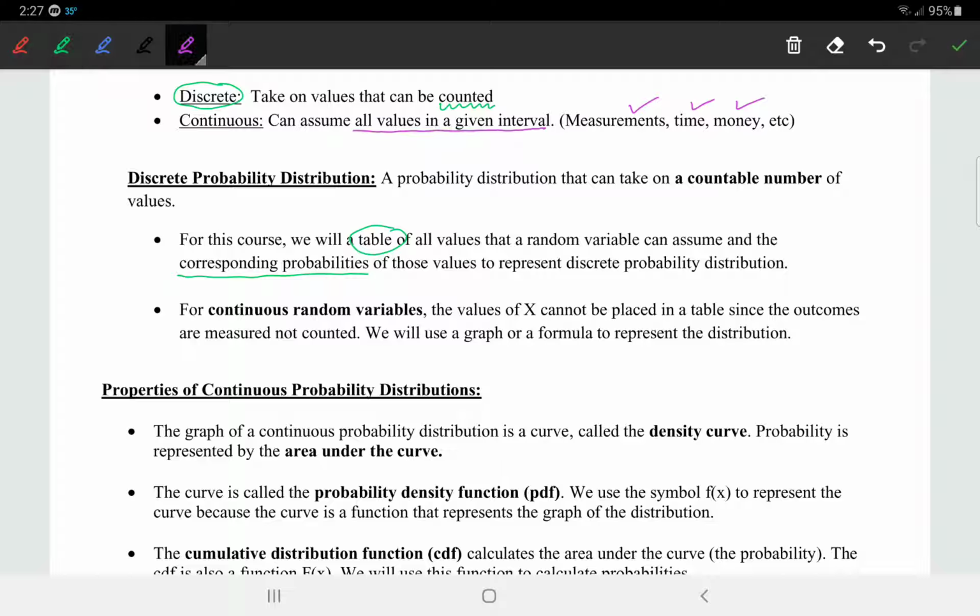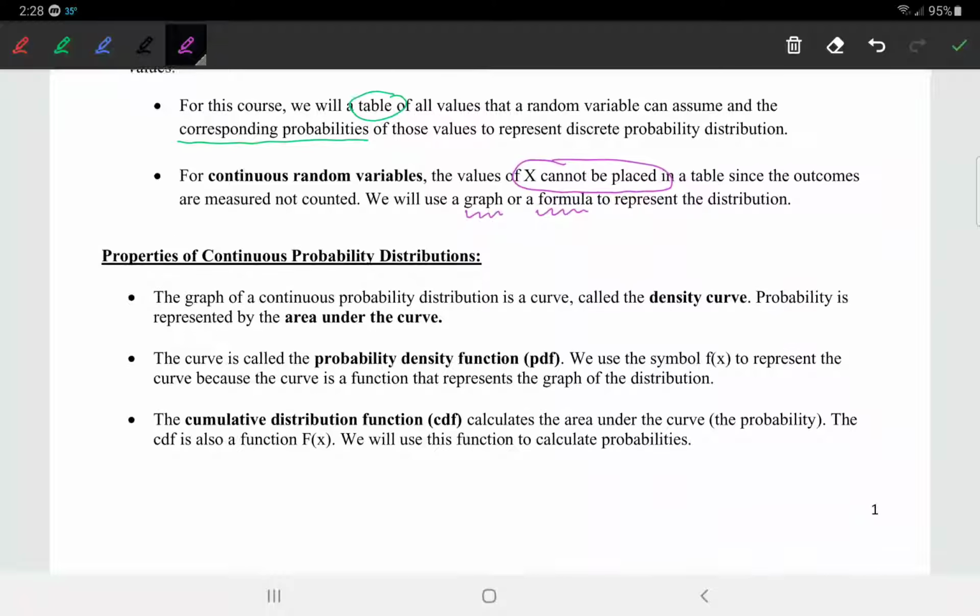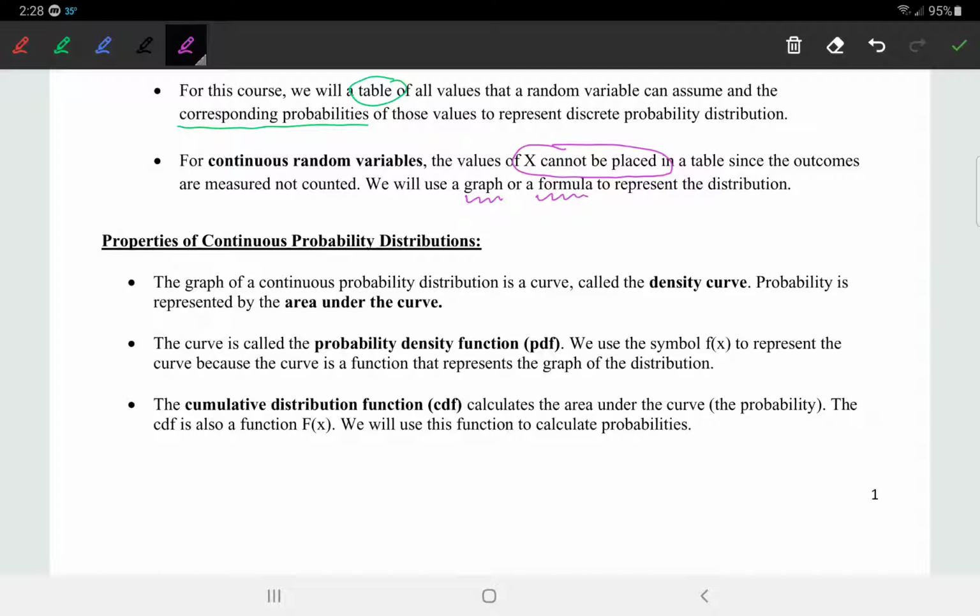Now, once we move to continuous random variables, the values of X cannot be placed into a table since the outcomes are measured and not counted. So we're going to have to use a graph or a function to represent the distribution. So what are the properties of the continuous probability distribution?